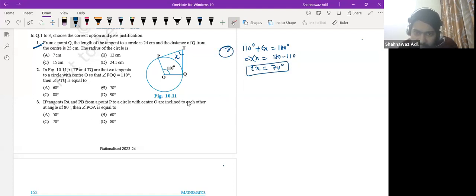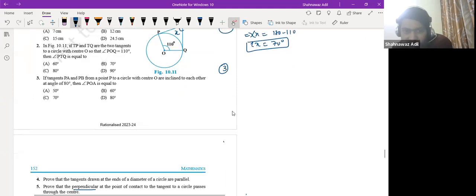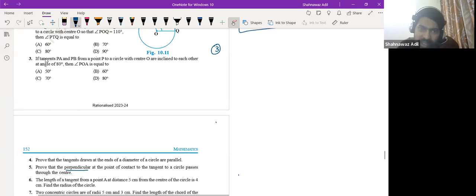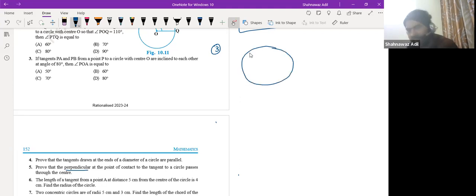Now let us come to the third question. If tangents PA and PB are from a point, what is the external point that we are choosing? Yes, P, right?